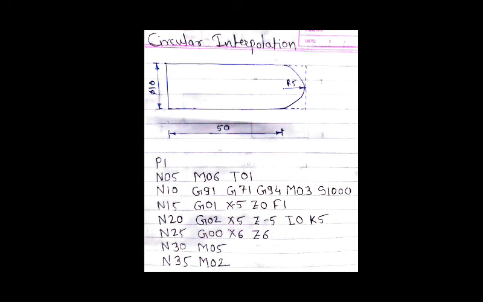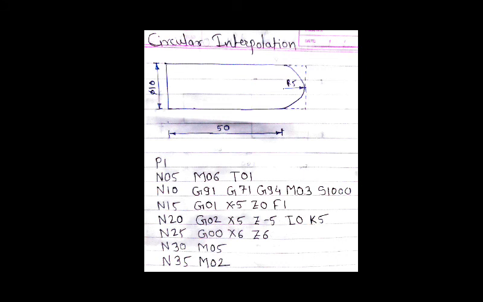Now let us see the meaning of the codes which we have used in this programming. P is the program identification number, but many times, instead of P1, many places use percent, such as percent 1000, percent 2000, it depends on which you are going to use.